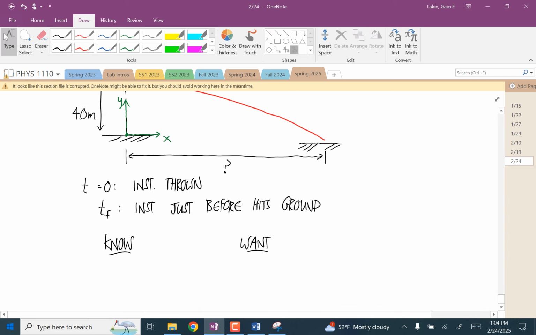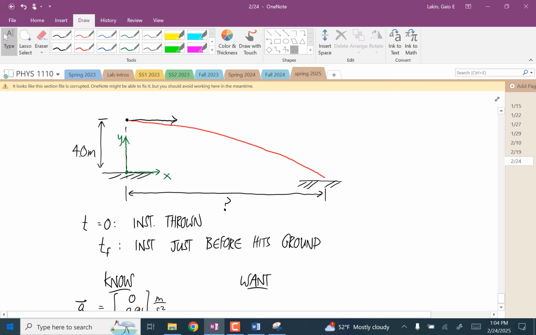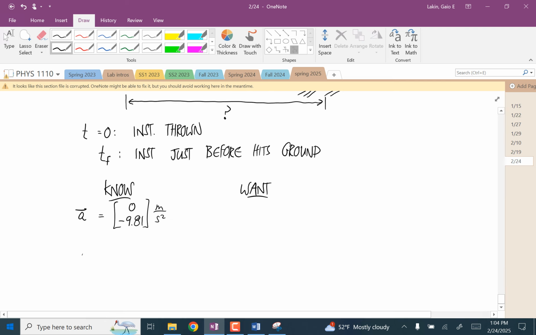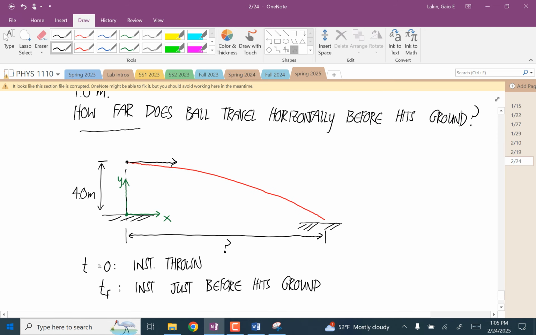So if your y-axis is up, this acceleration vector is always just going to be 0, negative 9.81. Do we know the position of the ball at time 0? Yep, and remember we need components, and the components of that position vector are just the coordinates of the object. So it's going to be 0 for x and 4 for y.